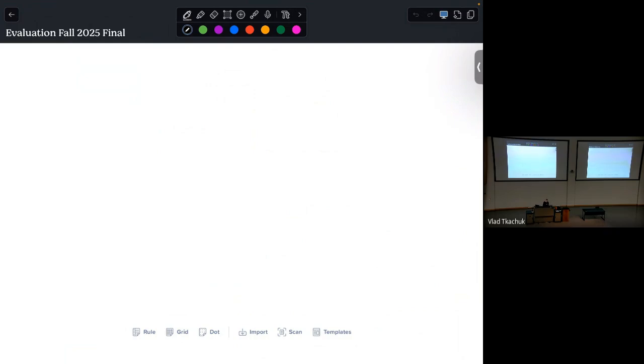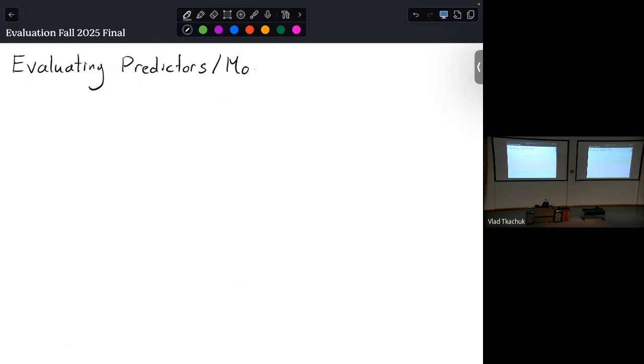So we're going to give it the following name, which is evaluating predictors or models. And that's what we're going to talk about for a while now.